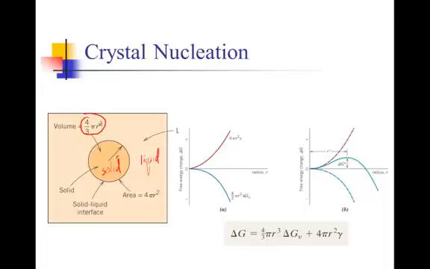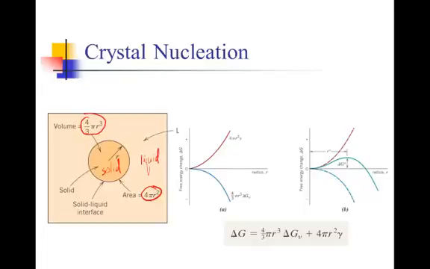And so the volume wants to give us back energy by transforming. The surface of that sphere is opposing that from happening. And the amount of energy that's opposing the transformation is proportional to the surface area of the sphere, which is a function of the radius squared.